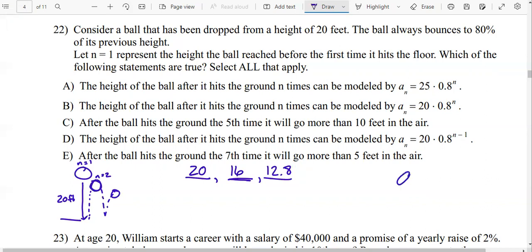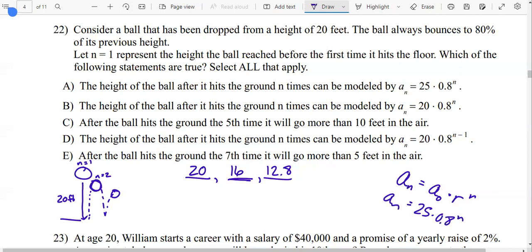So let's see which of these will model my scenario. The explicit formula for a geometric sequence is what this is, because we're multiplying over and over again. So this is geometric. It would be the 0th term times the ratio to the n. What would have come before 20 would be 25, times the ratio 0.8 to the n.